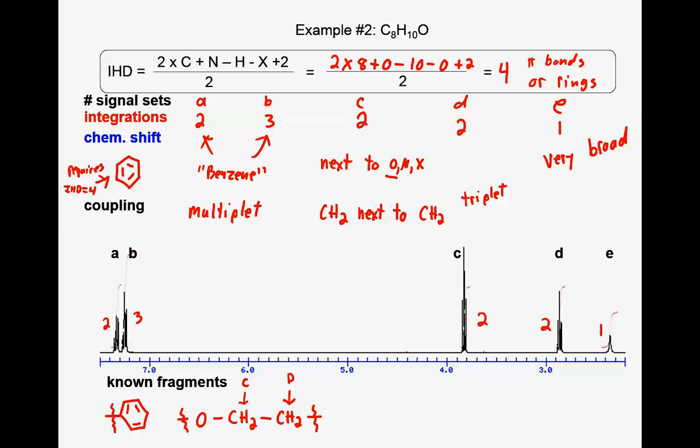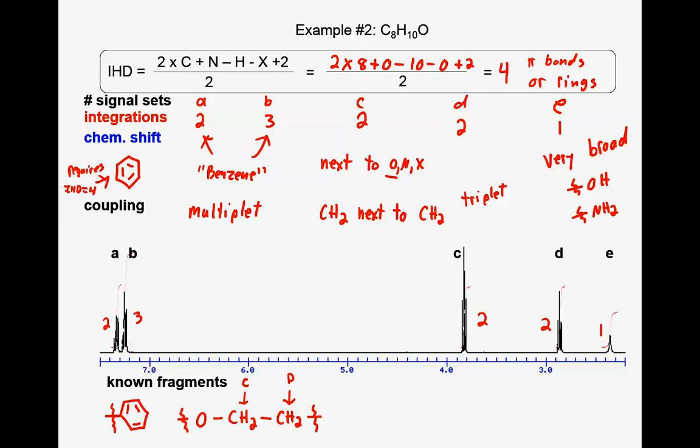Anytime you've got a very broad singlet-looking peak, what that's indicative of is either an OH proton or an NH2 proton. So whenever you see broad, you should think, all right, that thing is probably connected to an oxygen or a nitrogen.